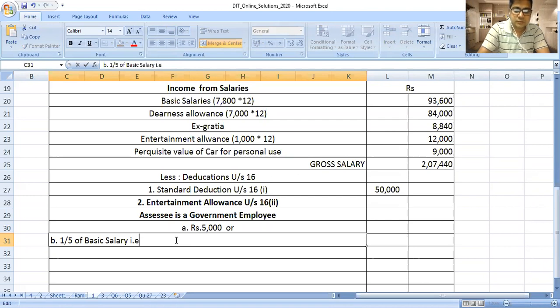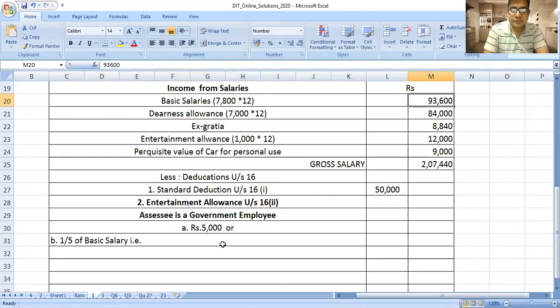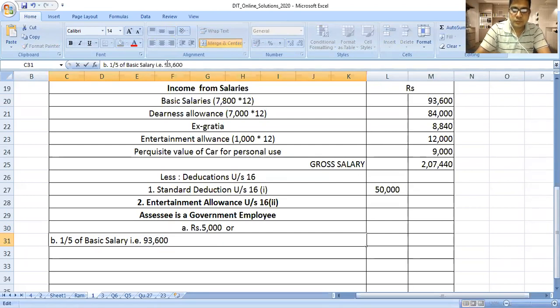Now the basic salary is 93,600, into 1 upon 5 is equal to how much?